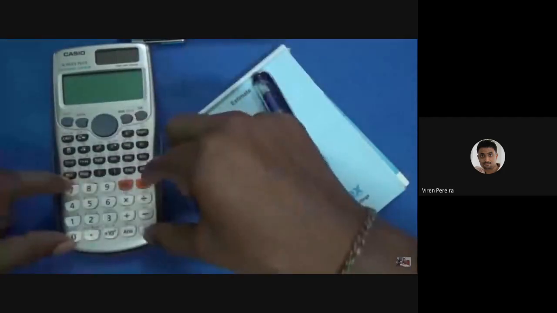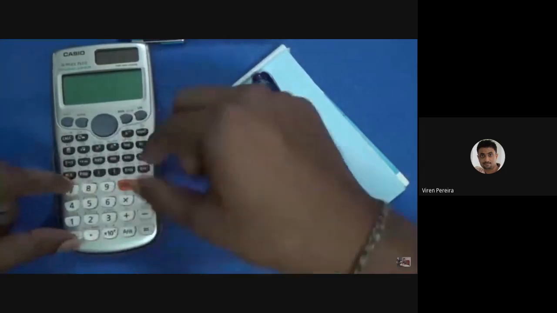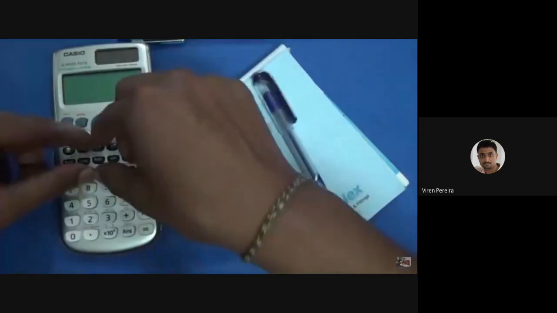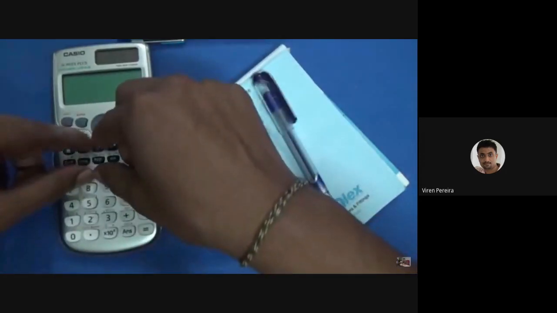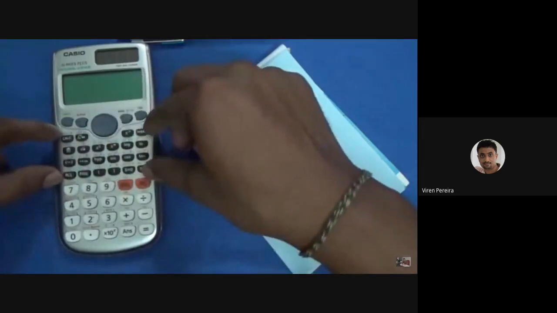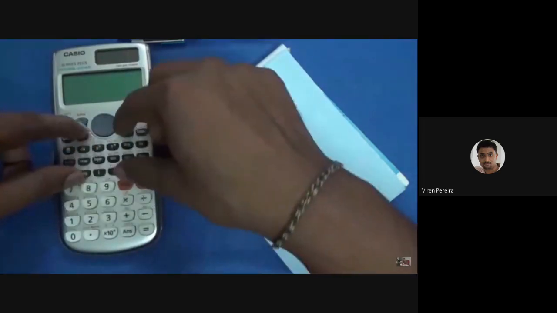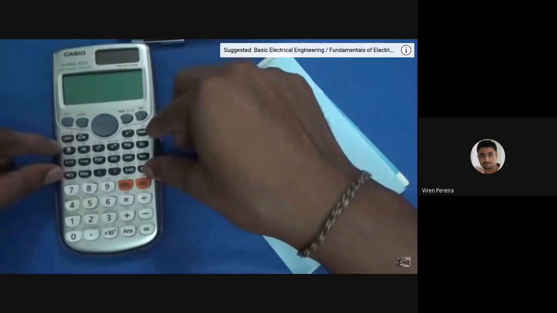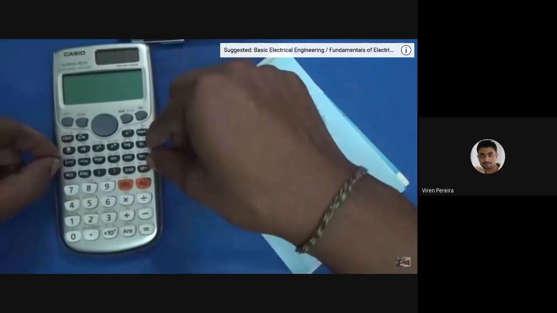You have your normal functions like plus, minus, multiplication, division, and equal to in the first section. The second section is the specialized section for the scientific point of view. So this is your scientific calculator.